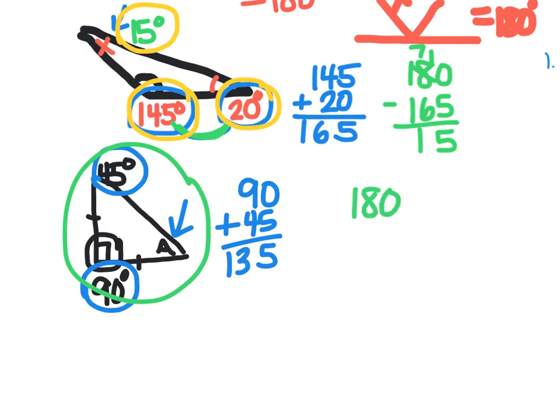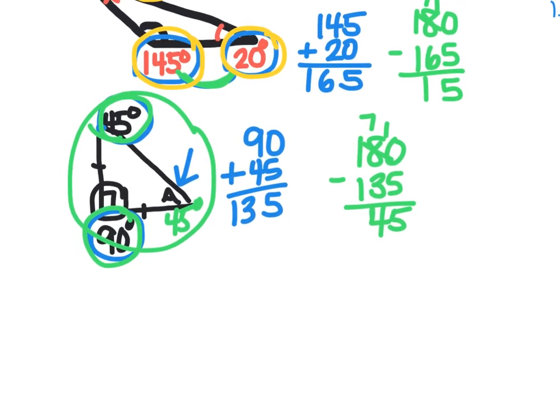We are going to subtract the total of these two angles, which is 135. And when we subtract, because we need to borrow, we get 45. So the angle A is worth 45 degrees.